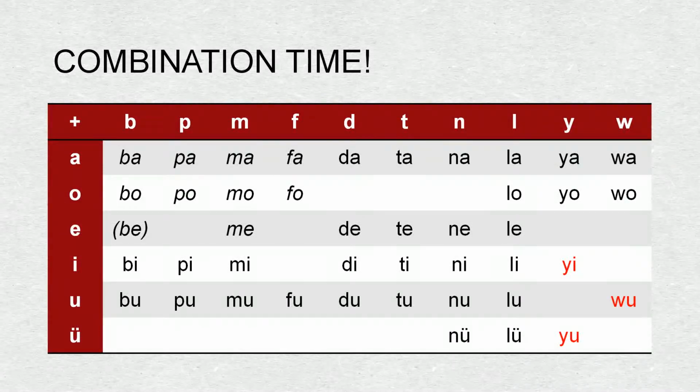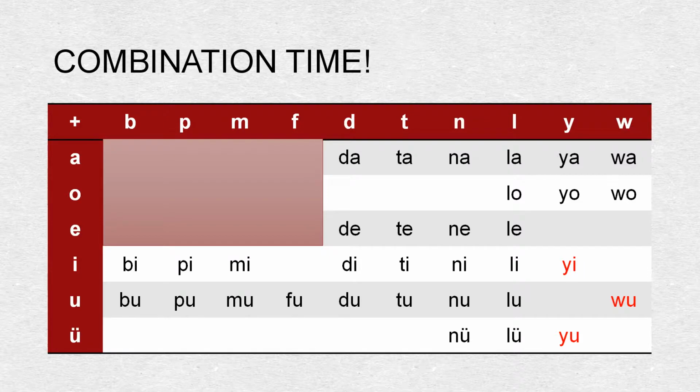So this is actually a combined version of what we had already learned and what we are gonna learn. And actually, you might be noticing that these three syllables are actually covered in red.